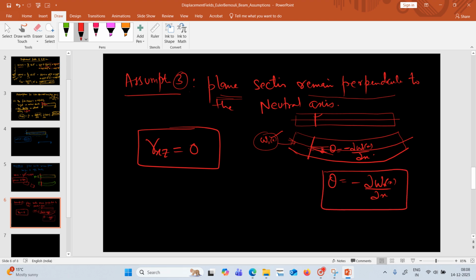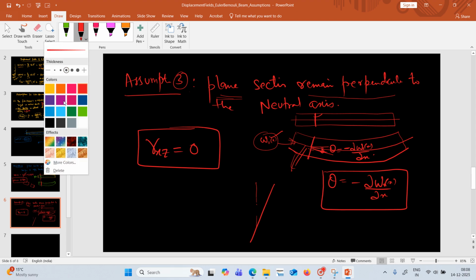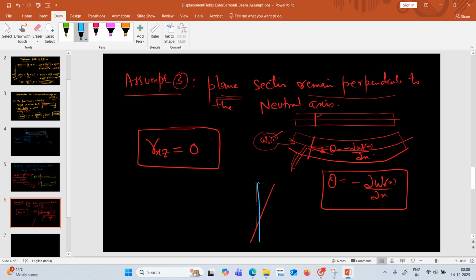Now also what we can see here, if we enlarge it, this theta in actual, let me make it with another color.